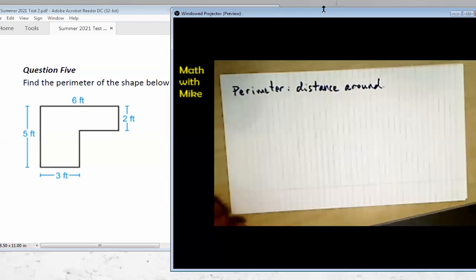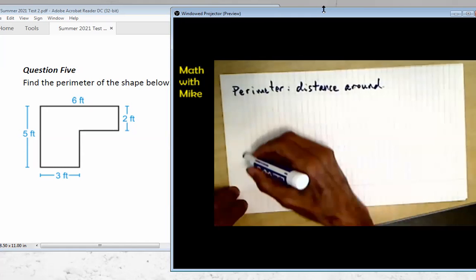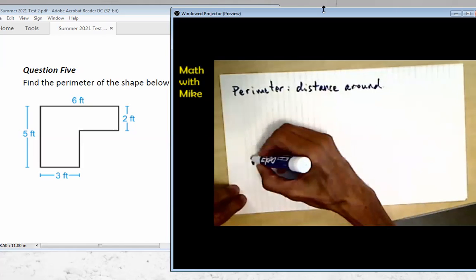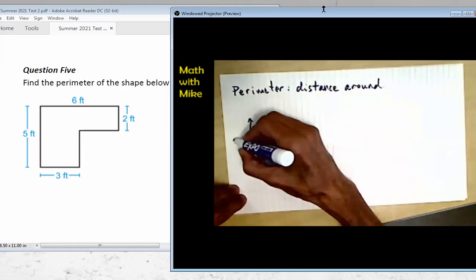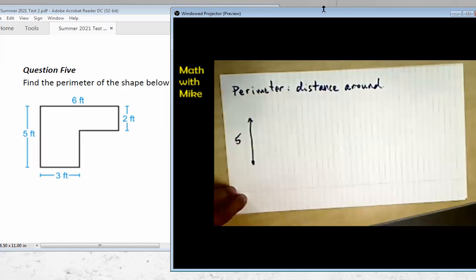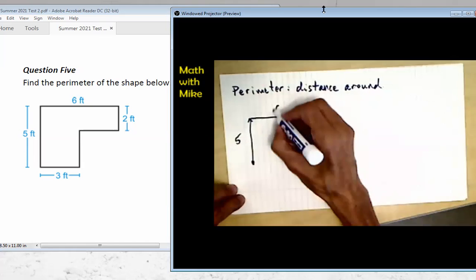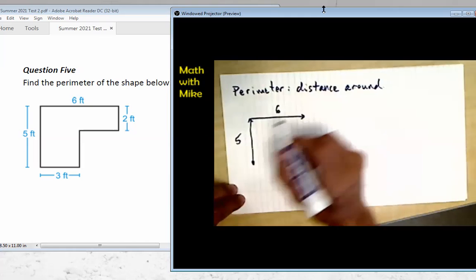So if I start on the lower left, if I start down here, I'm going to go up by 5 to get to the top on that side. I'm going to go over 6 on that side.